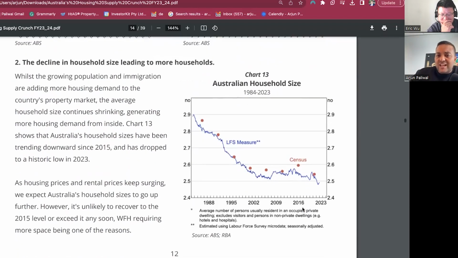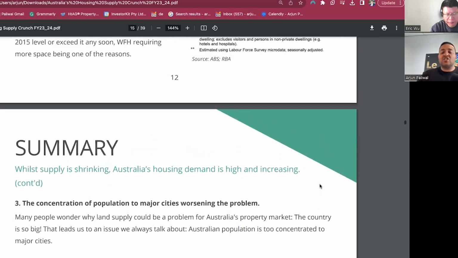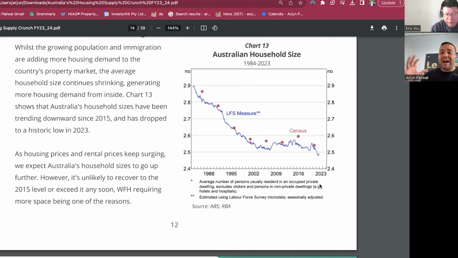The other downside here is the generational shifts. We're seeing Australian household sizes decline. That may not seem like a big thing, but even these subtle changes from census to census, with household size falling, you can create tens of thousands of new households with the same exact population.